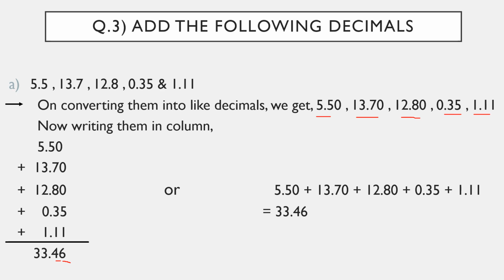So we'll write here 4 and 2 is our carryover, right? Now we'll add these numbers. 2 plus 5, 7, 7 plus 3, 10, 10 plus 2, 12, 12 plus 1, 13, right? So again 1 is our carryover. We'll write here 3 and 1 is our carryover. And then 1 plus 1 plus 1, that makes 3. So our answer is 33.46.